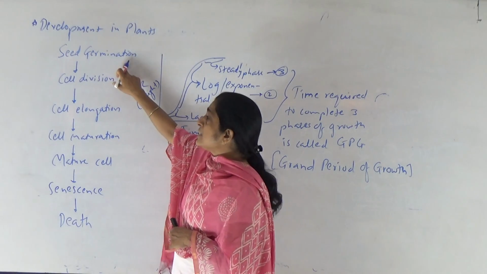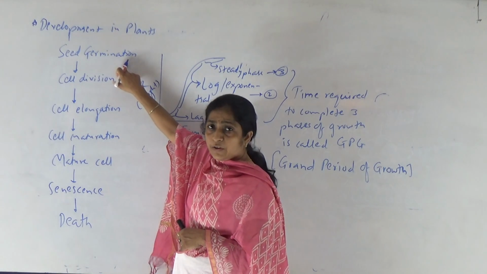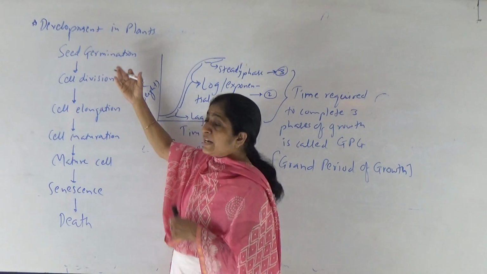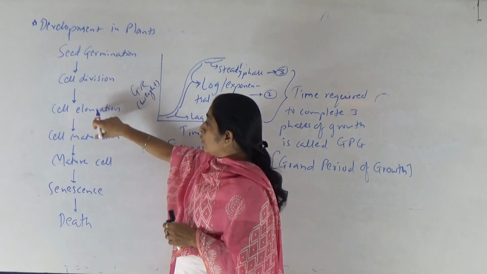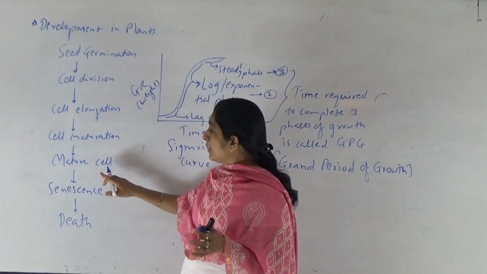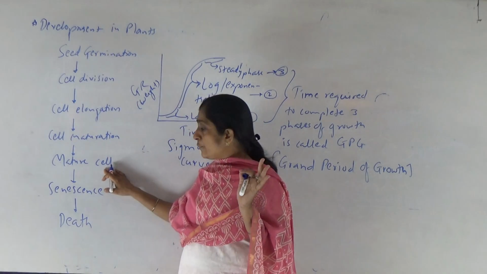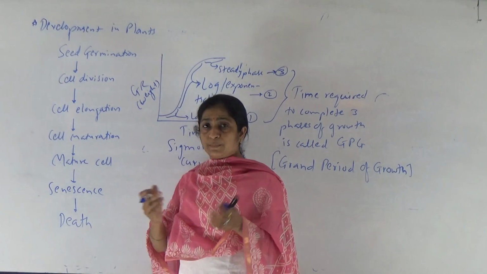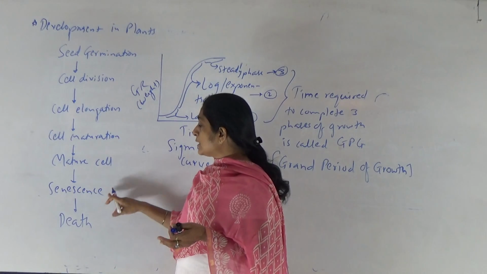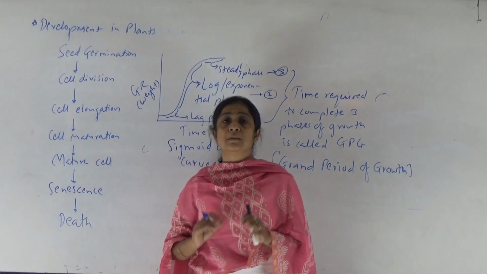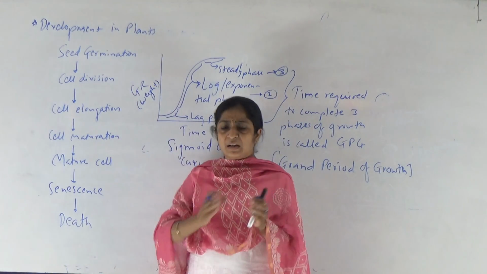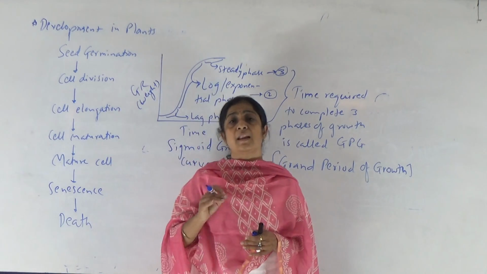When seed germinates, inside the seed, the embryo cells, whatever present, those start division, as a result of which many daughter cells are formed. Cells undergo elongation, where the cells lost the ability of cell division, then cells undergo maturation. A mature permanent cell is formed, then that permanent cell starts performing a specific function, which is nothing but differentiation, let us say. And then that leads to cause senescence, and senescence leads to cause death in the plant. Okay, so this is actually the gradual or sequential events which occurs in the life of a plant.